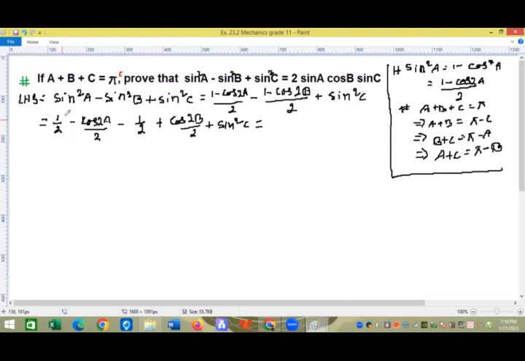And now you can see here, this is plus 1 by 2 and this is minus 1 by 2, so those cancel out. So you are left with minus cos 2a by 2 and plus cos 2b by 2, and this is sine square c. So probably we write the cos terms together, or you can take 1 by 2 common out.